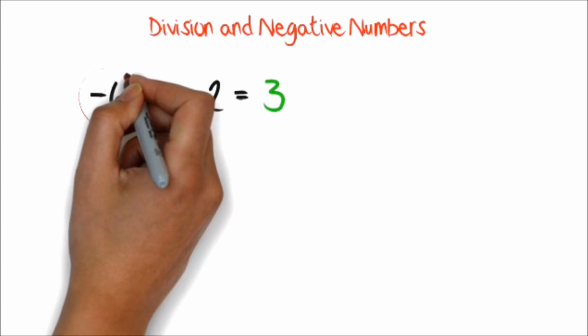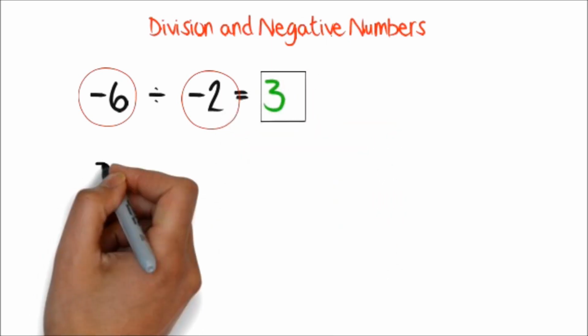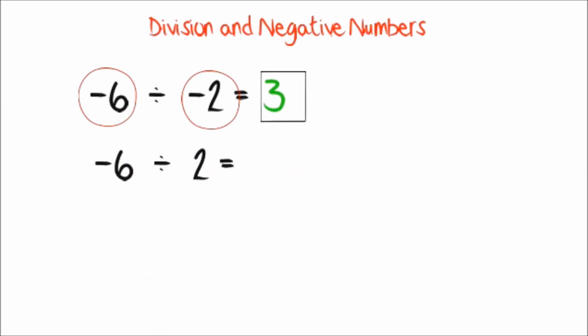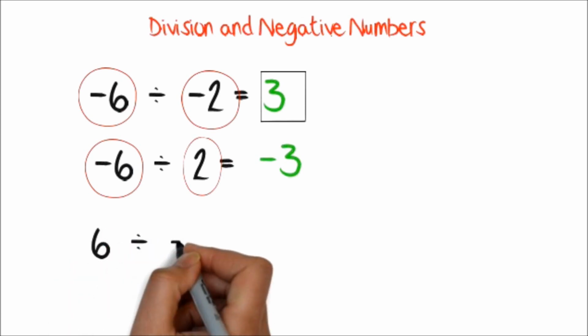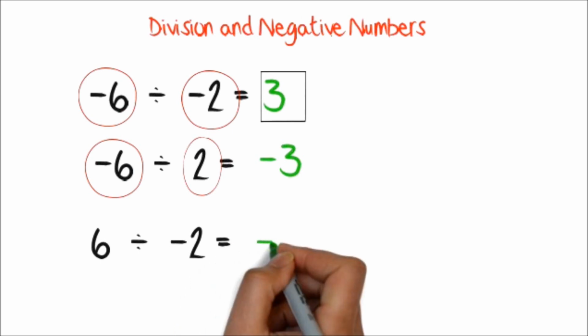Notice, we worked with two negative numbers, and our final answer is positive. When we divide -6 by 2, we get our final answer to be -3. Here, one of the numbers is negative and the other is positive. 6 divided by -2 will give us -3.